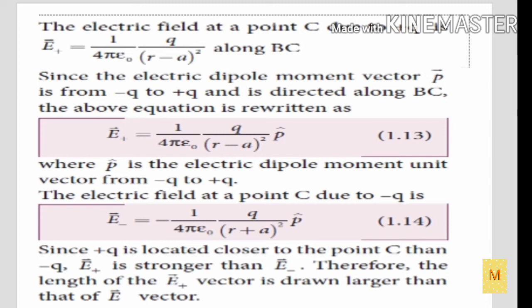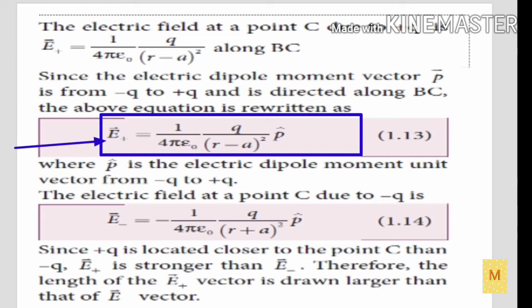Since there is an electric dipole moment vector along the x-axis from the charge minus q to the charge plus q, the above equation will be written as E plus vector is equal to 1 by 4 pi epsilon naught into q divided by (r minus a) the whole squared into p cap.